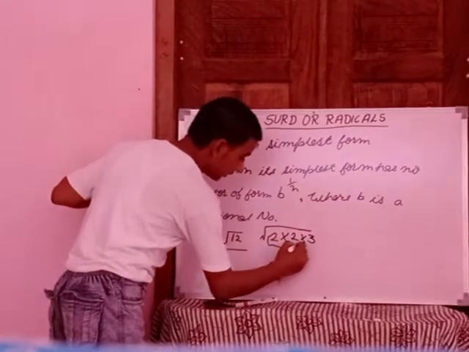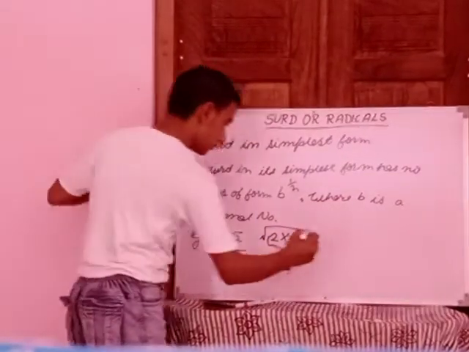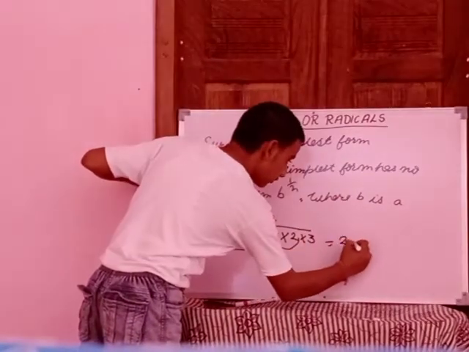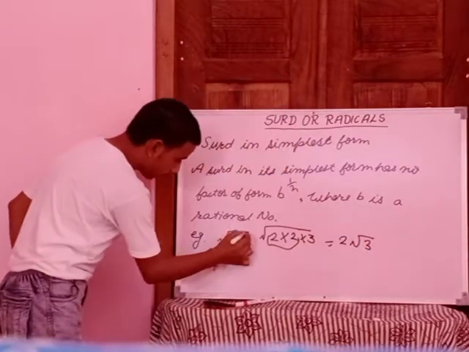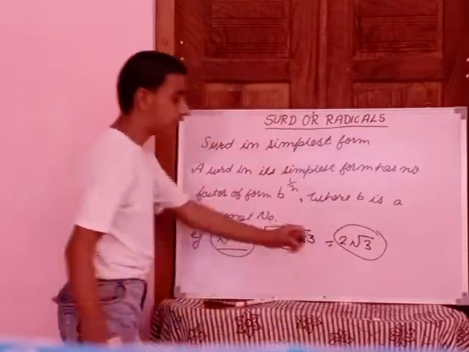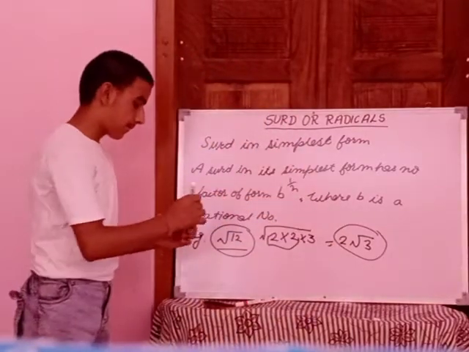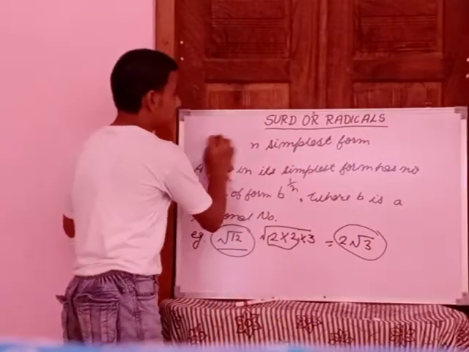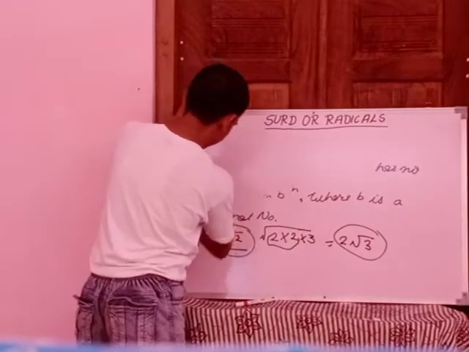Now the pair is made of two numbers, so we take out 2. So the simplest form of this is 2 times the square root of 3. Now let's move to the types of surd.